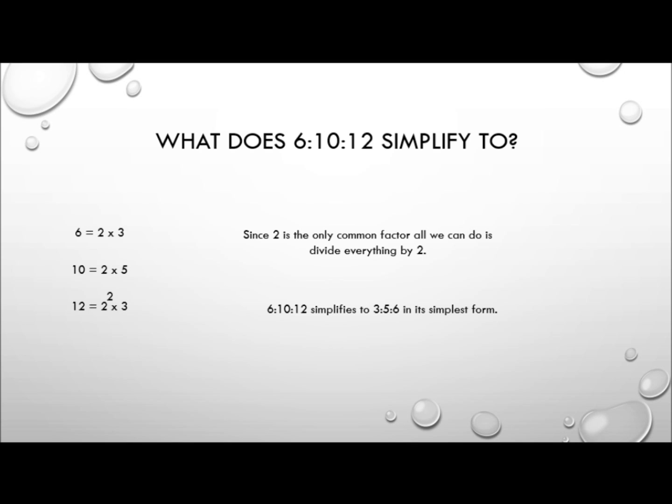So if we take the ratio 6 to 10 to 12, well, 6 breaks down into 2 times 3, 10 breaks down into 2 times 5, and 12 breaks down into 4 times 3, which is 2 to the power 2 times 3. So the only factor they have in common is 2, so we can divide everything through by 2 to simplify 6 to 10 to 12 to 3 to 5 to 6, which is as simple as that ratio is going to get.